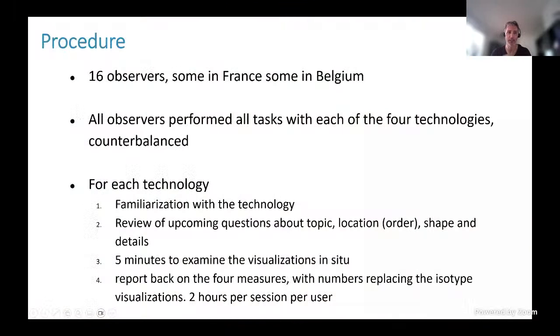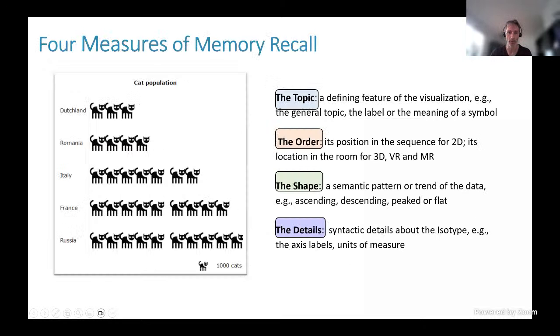So let me go through some details about the process. We have 16 observers. Of course, all the conditions have been balanced and organized. After the experimentation, we ask the user to retrieve everything that has been remembered. So we categorized everything that had been remembered with this.